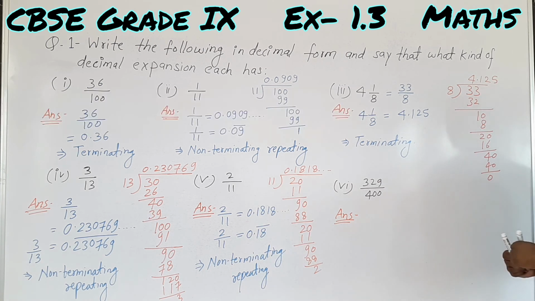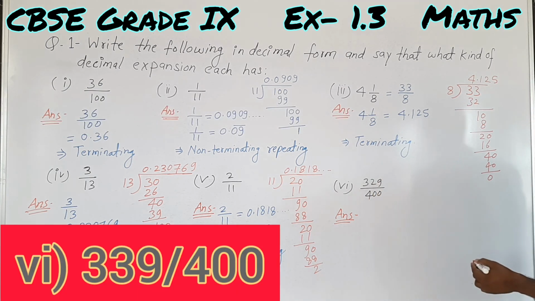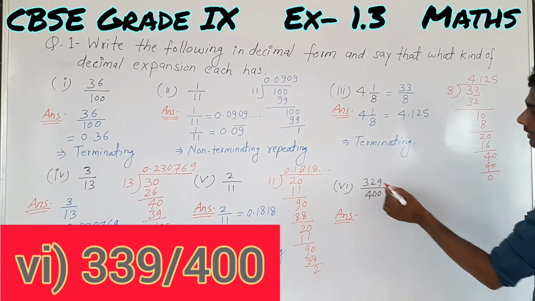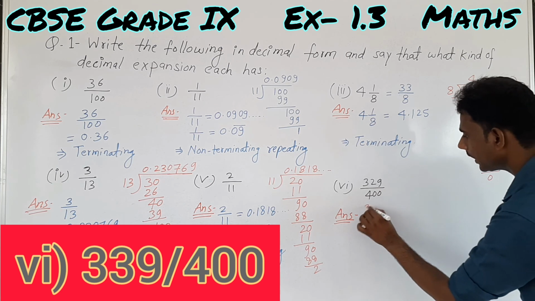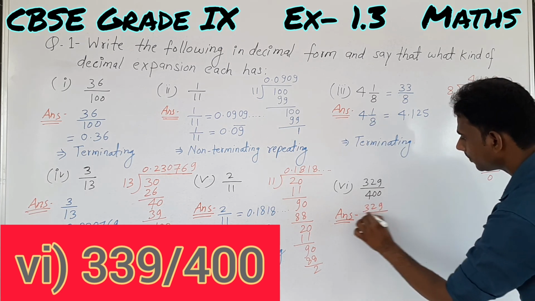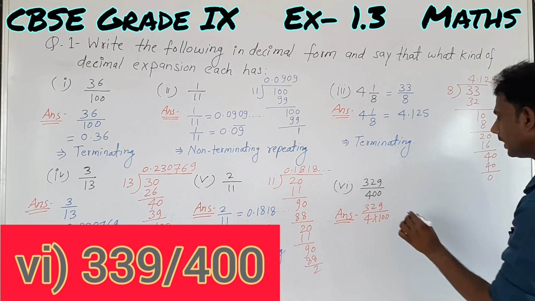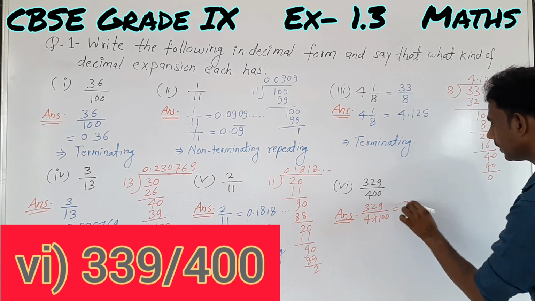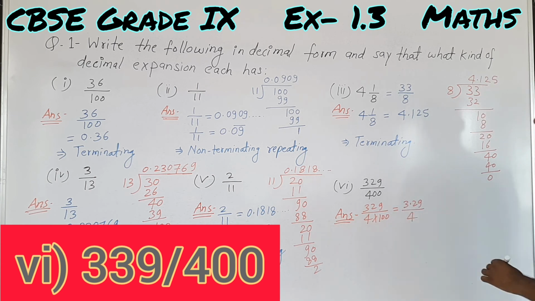Last part, 329 upon 400. First of all, we can write 329 upon 100 times 4, which is 4 into 100. Now this will be equal to 3.29 divided by 4.